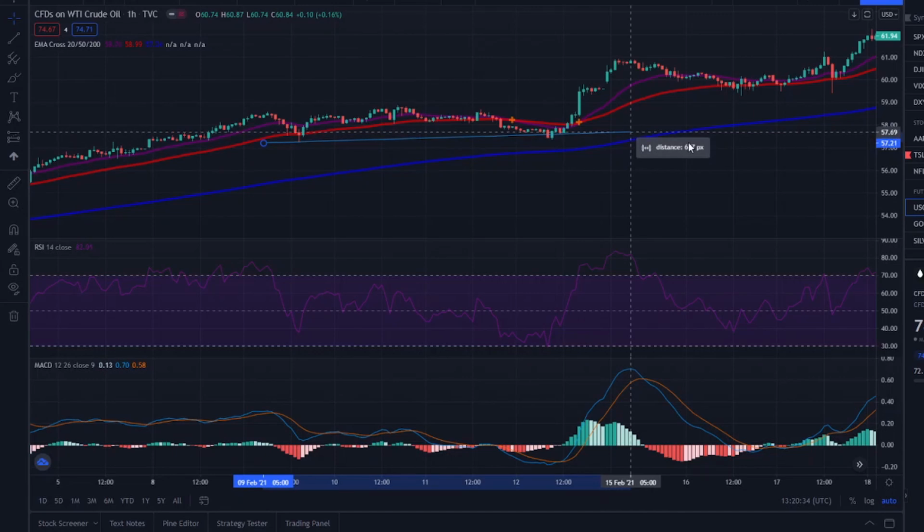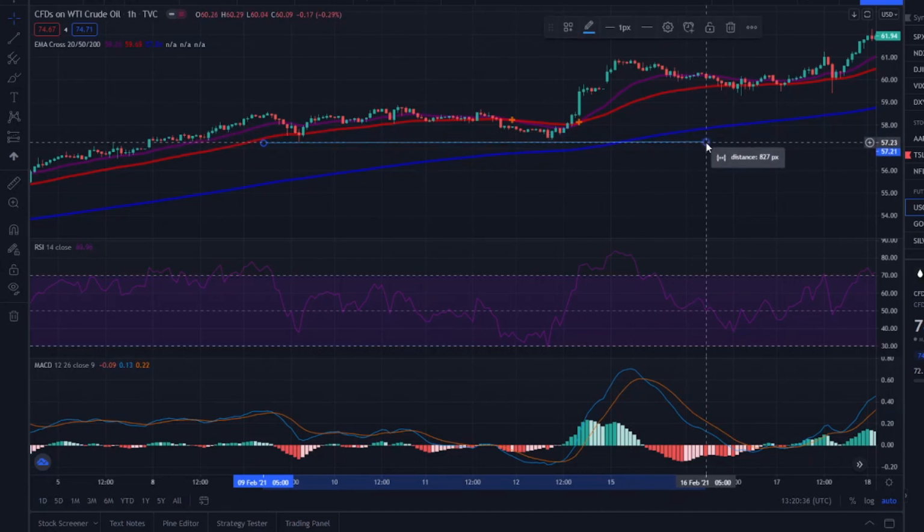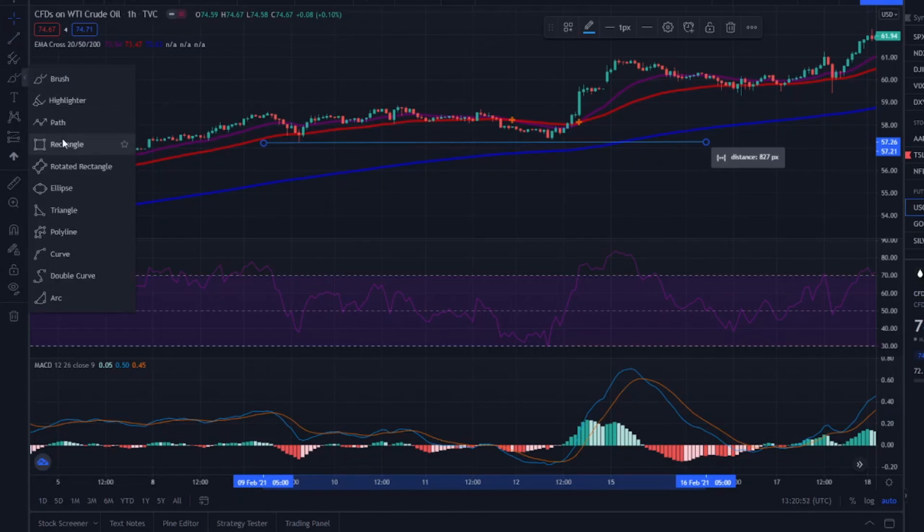If we draw this line here, the second time the RSI was pretty low, the price actually never reached that level, but it came close. So actually it is along the support line here.